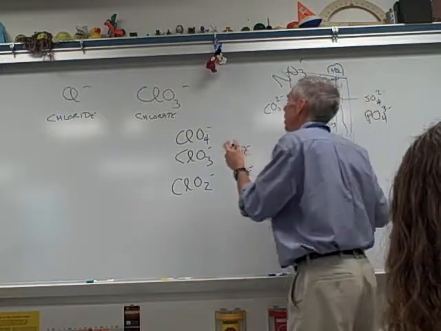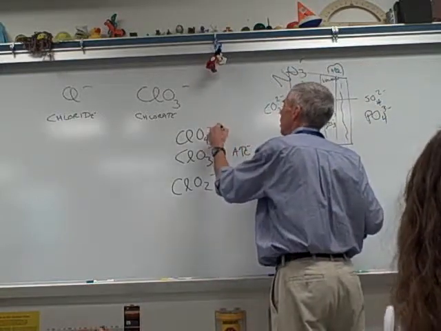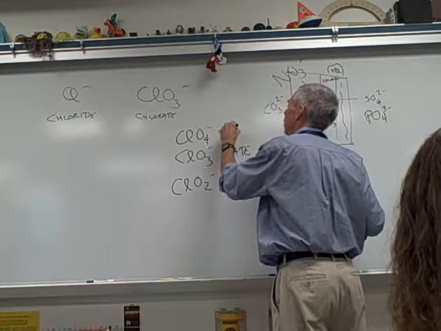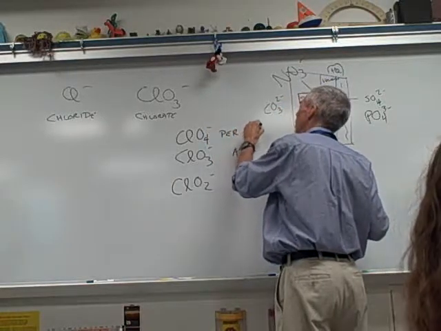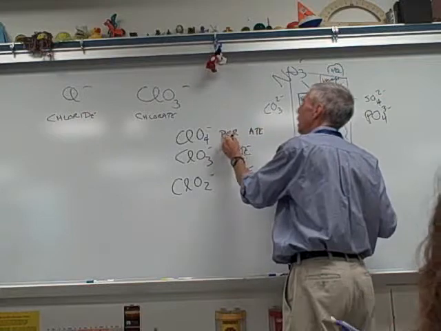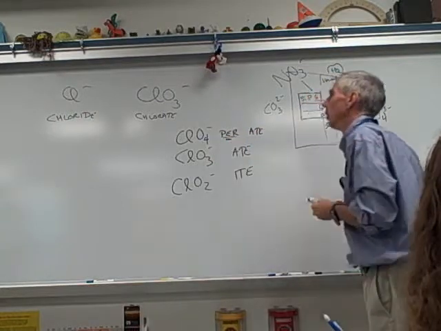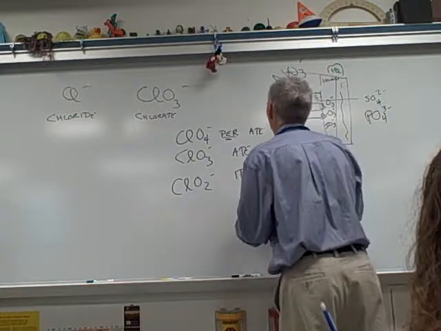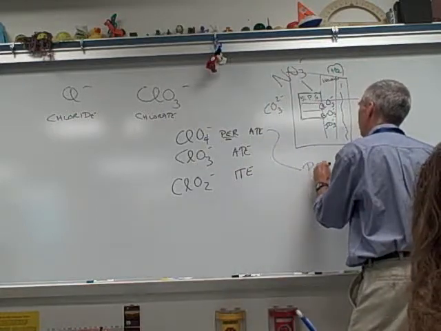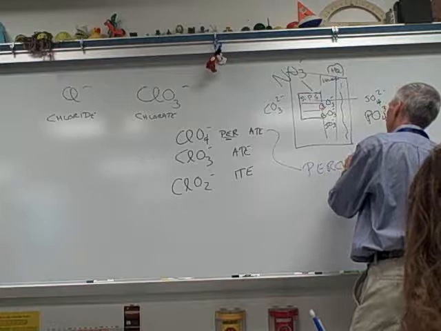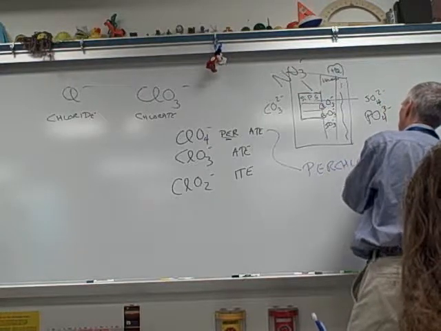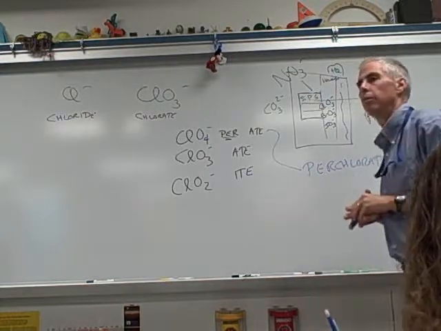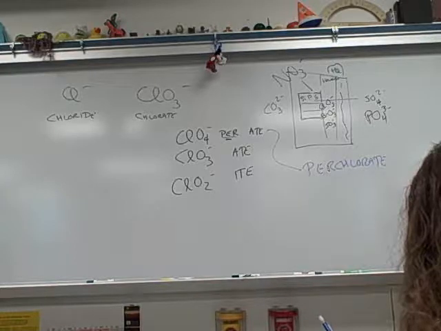So to say something is above is, instead of saying hyperate, it's perchlorate. So you take that hyper and just use the per bit. So this ClO4, just to make sure it's clear, that would be perchlorate. Okay, so that's its name.